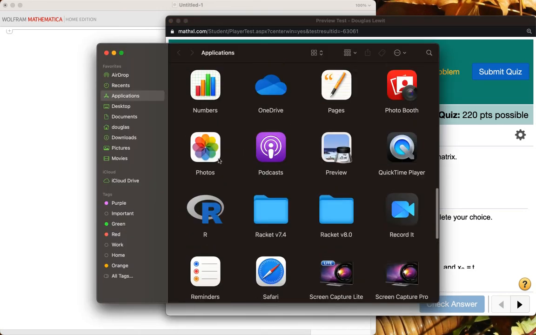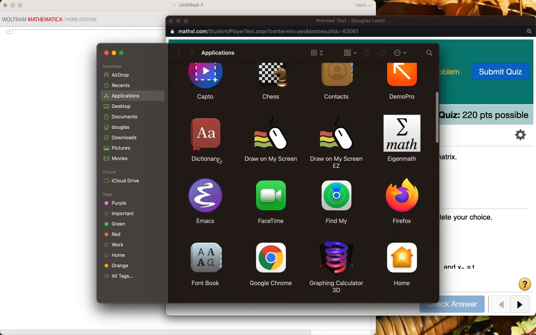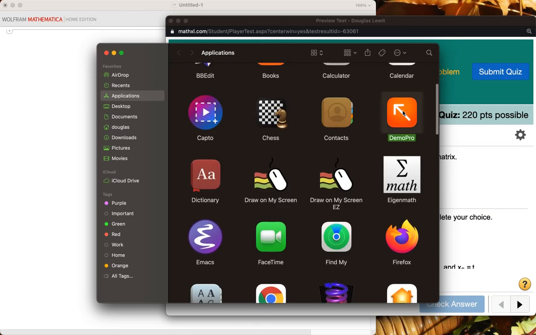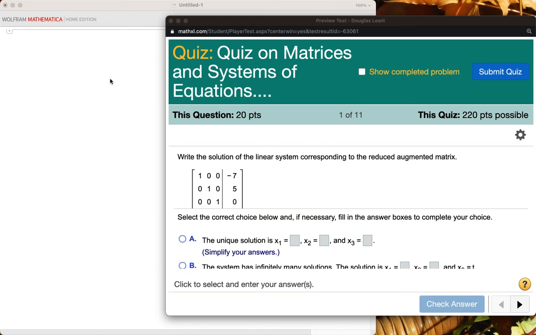Let me turn on my marker. Where's my marker app? It's right here. That marker app is great. It lets me do stuff like this.